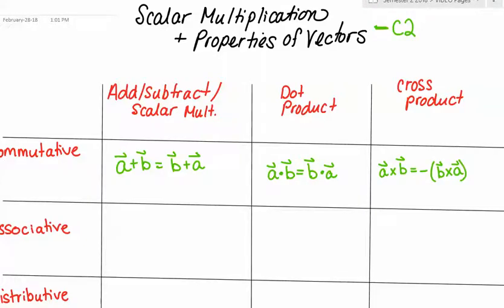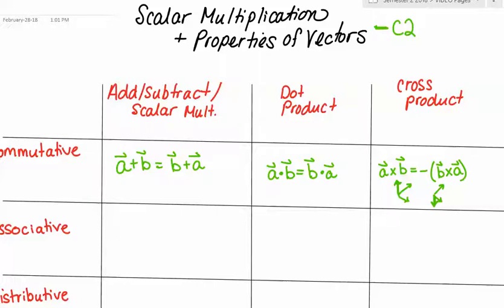Meaning, if my two vectors, A and B, look like this, and that's my cross product of A cross B, then when I do B cross A, my cross product is just going to go in the opposite direction, same magnitude. Okay, so that's the first property.